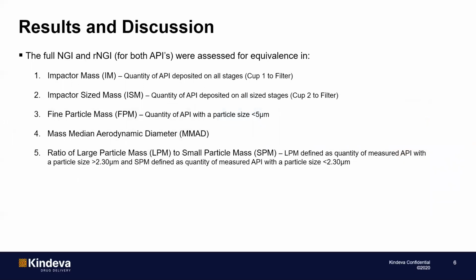The APSD data generated was used to assess for equivalence in impactor mass, impactor sized mass, fine particle mass, mass median aerodynamic diameter, and the ratio between large particle mass to small particle mass.